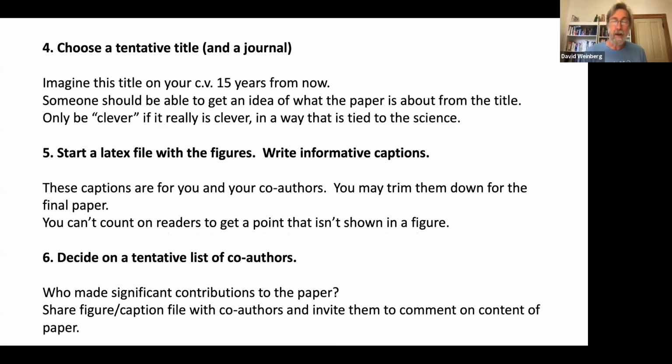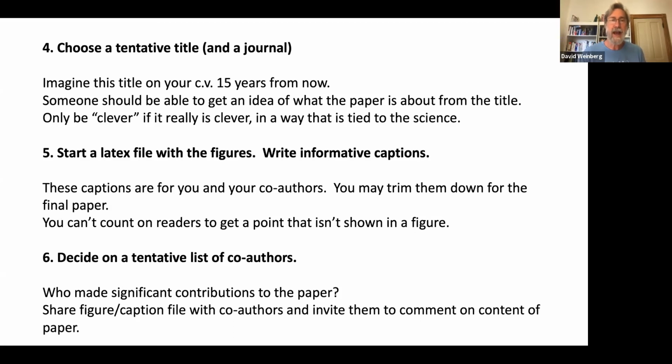Also, it's good to decide what journal you're going to submit it to, in part because you need to decide what LaTeX template you're going to use, and so you might change, but pick where you think it's going to go.